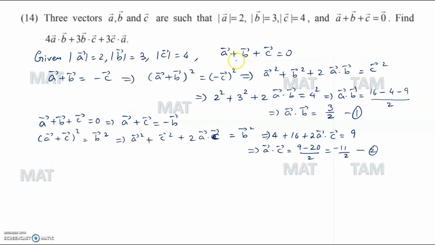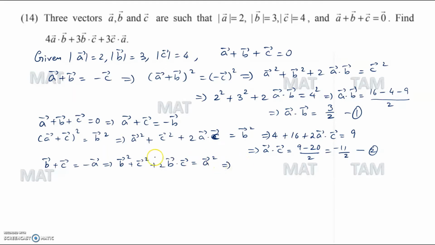Similarly, rewriting A vector plus B vector plus C is equal to 0 as vector B plus vector C is equal to minus vector A. Squaring both the sides, we can get B vector squared plus C vector squared plus 2 times of B dot product with C is equal to vector A squared.